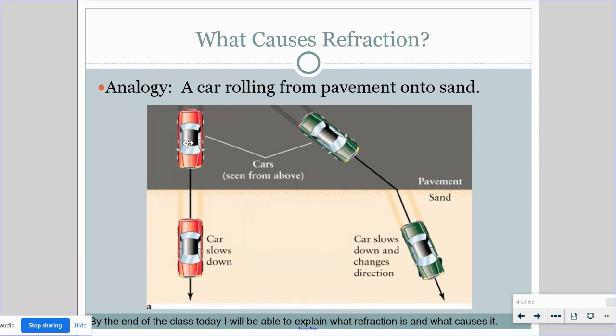When the light is coming straight in, it's going at a certain speed, and then when it hits the new medium, it slows down and keeps going straight. But if it's traveling at an angle when it's coming into the medium, it starts bending, and it will either bend toward the normal or away from the normal. And this is what we call refraction.